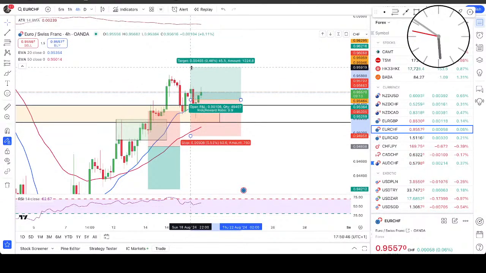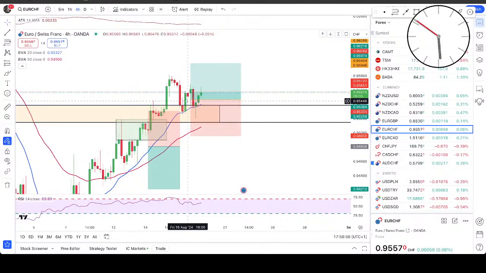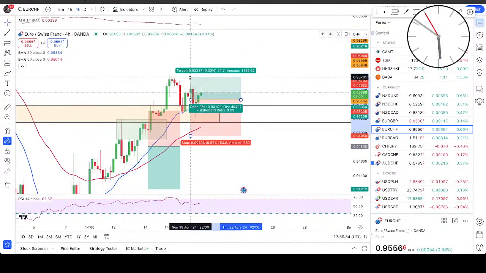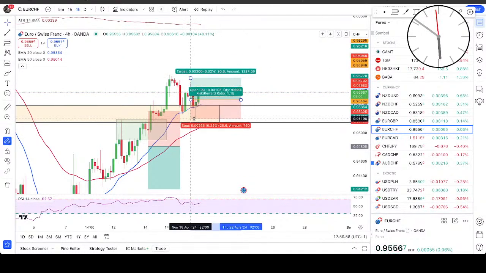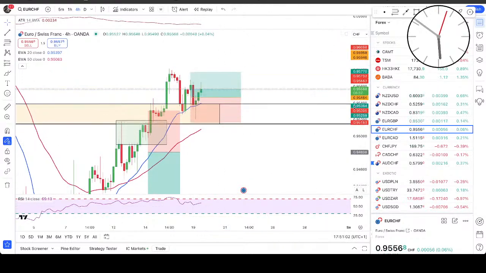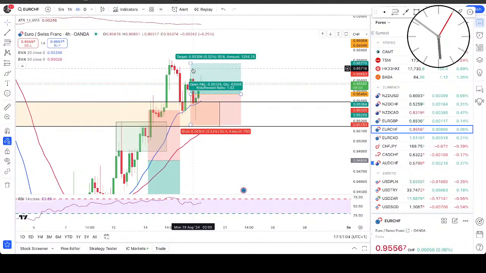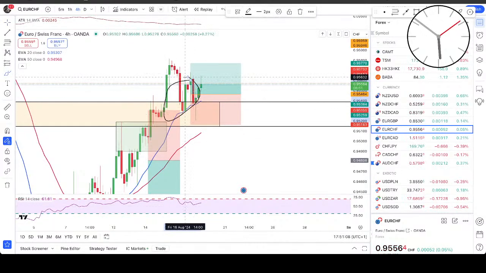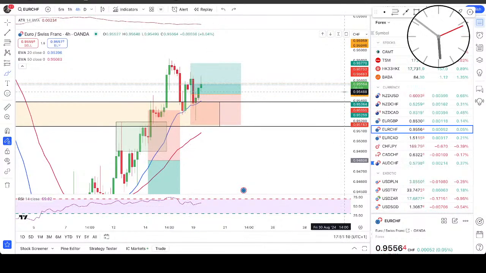So we have this as an entry. A smaller target of 30 pips will be right here. For the bigger targets, we're going to go 50 pips. For this one, we have an entry right here, bullish engulfer above the 50 EMA. Price now pushing up, so let's see how this goes. I'm still in the trade for this one.